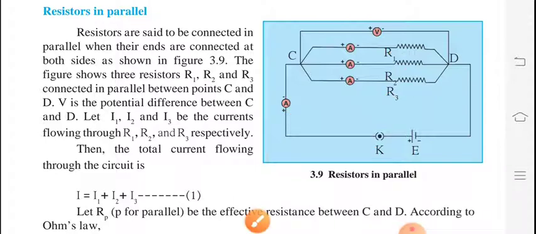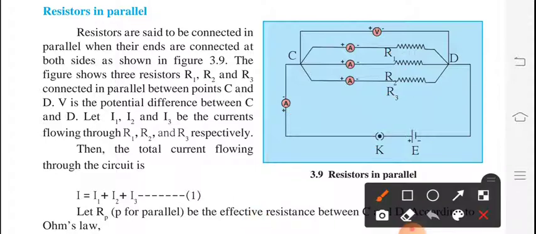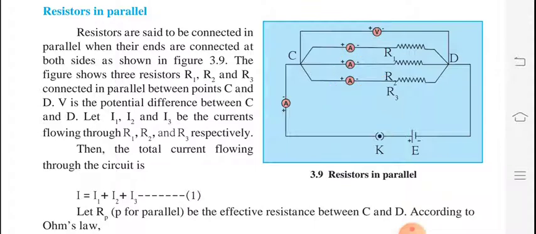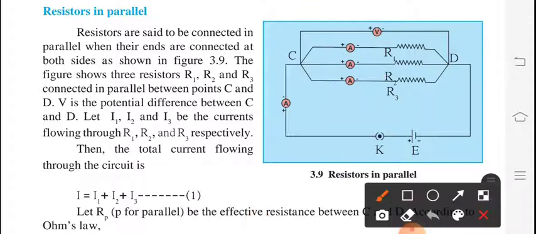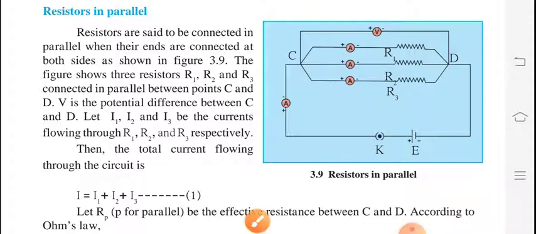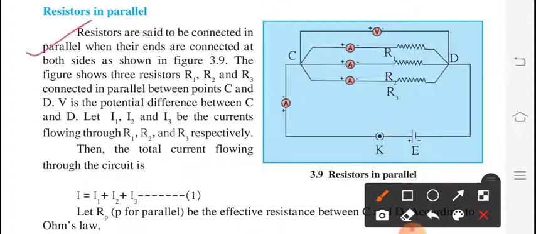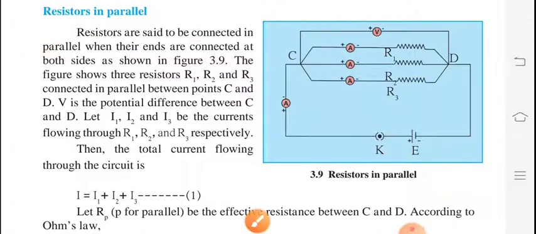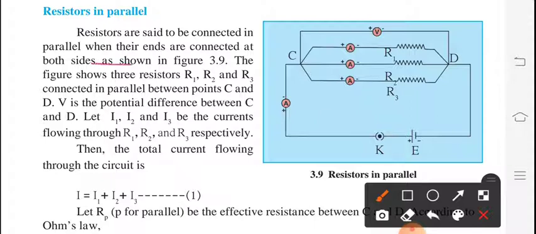If resistors are in parallel, then the current is going to get separated, distributed. Okay, and the voltage is constant, which is the potential difference. So we will go ahead with the explanation. It is exactly opposite of the series. Resistors are said to be connected in parallel when their ends are connected at both sides.